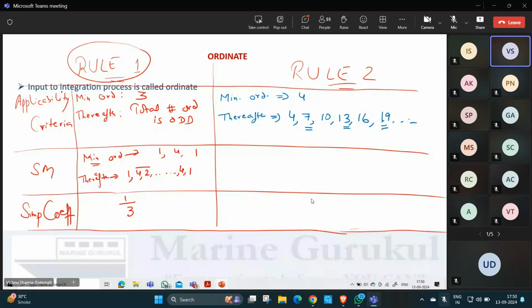Now, unless the question specifically says which rule to use, then you are bound by the question. Or if you see any distinct advantage in using one rule, that means it makes the process simpler, then you prefer that rule. Otherwise, you are at liberty to use either rule 1 or 2 where both can be used. Please remember, answers would not match.